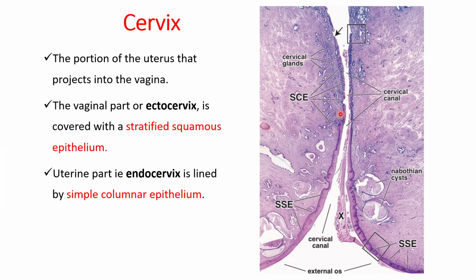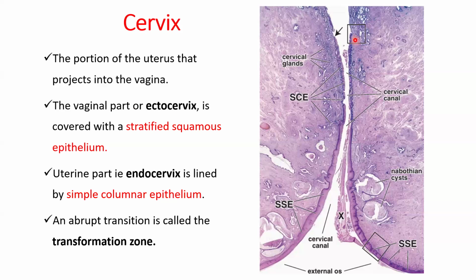And then you can see the junction here, which is known as the transformation zone. This transformation zone is affected much by the various squamous dysplasias and various carcinomas of the cervix, so it is important.